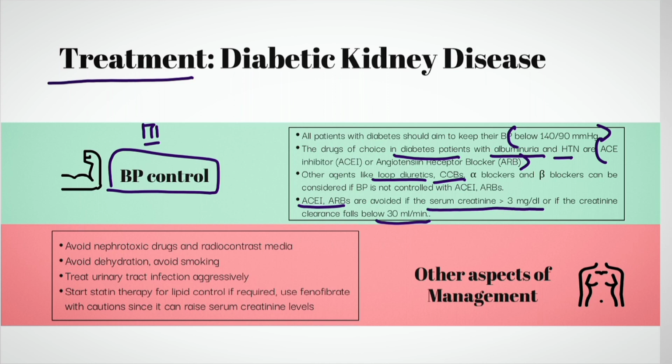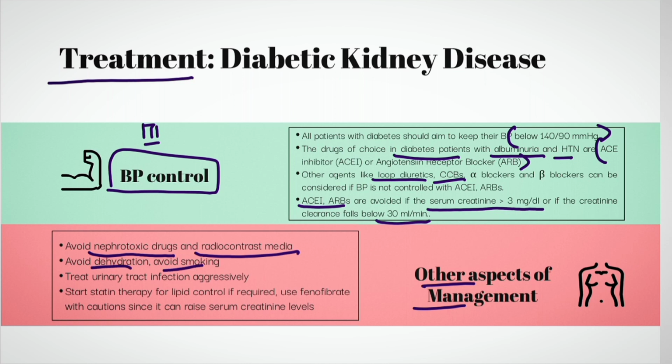Apart from BP control, there are some other aspects for the management of diabetic kidney disease. We should avoid nephrotoxic drugs and radio contrast media. We should avoid conditions like dehydration, and also we should avoid smoking.